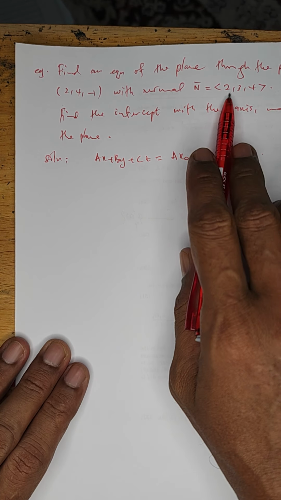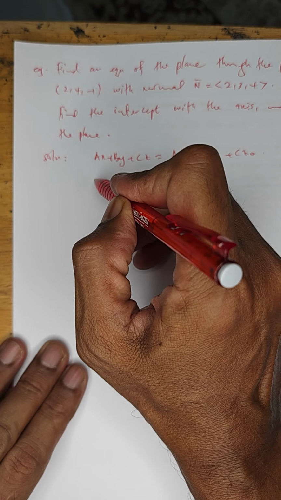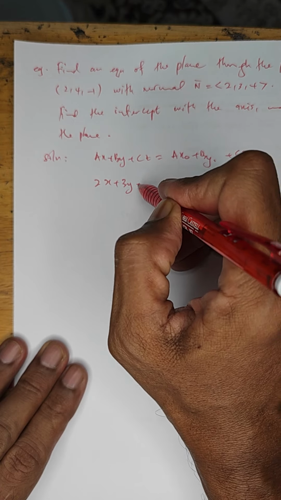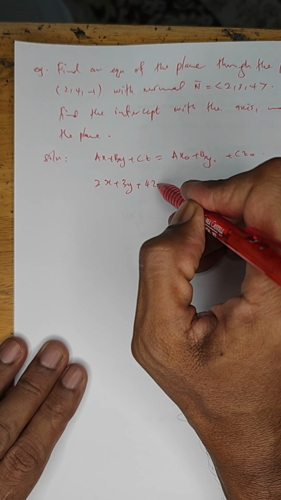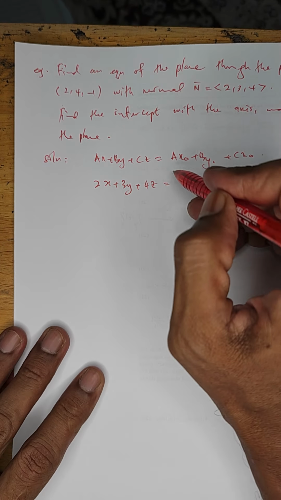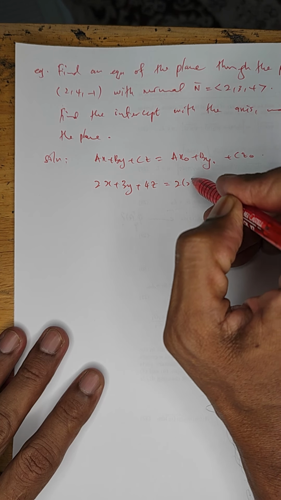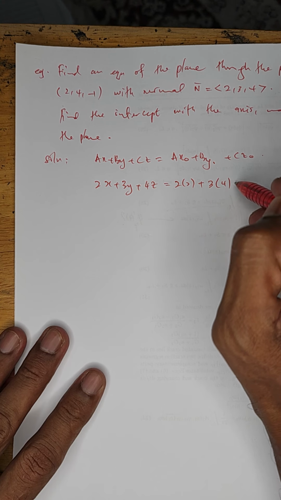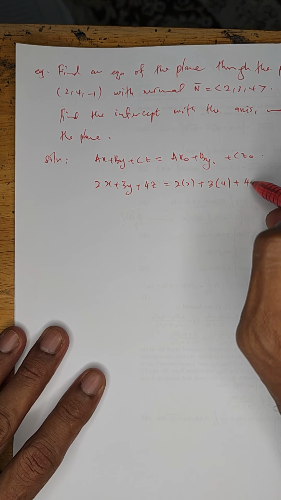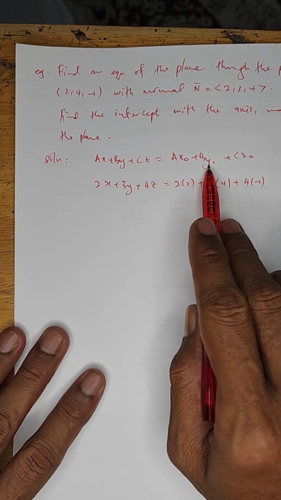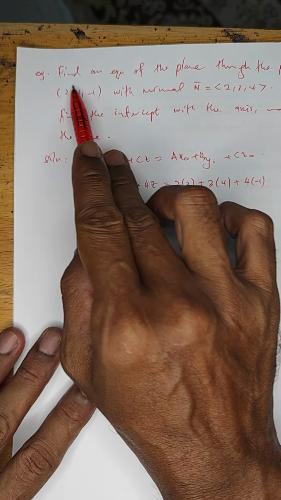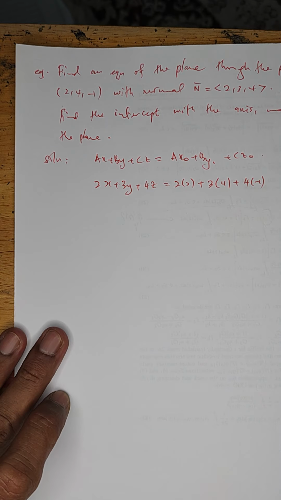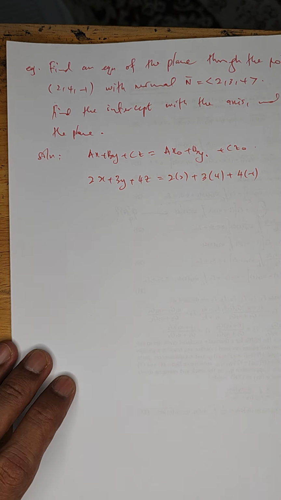Our a, b, c here is (2, 3, 4), so we have 2x plus 3y plus 4z equal to 2 times 2 plus 3 times 4 plus 4 times negative 1. Here x naught, y naught, z naught is the point on the plane. Just plug in the formula.